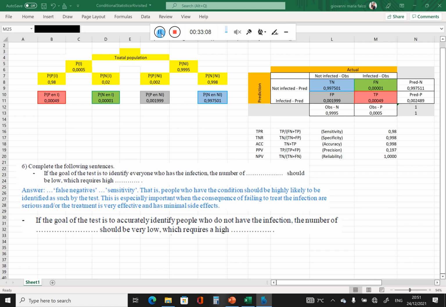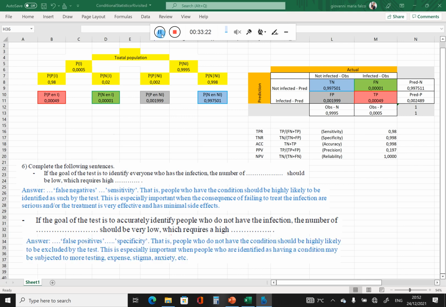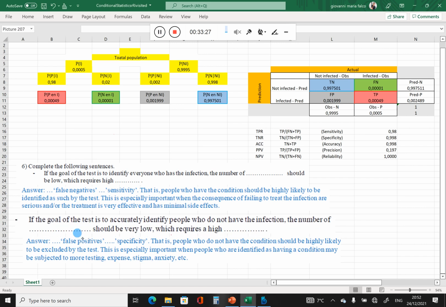Analogously, in the next question, if the goal of the test is to identify people who do not have the infection, then, remembering what we said about specificity, you should minimize the number of false positives in order to have a very high specificity, because in the formula, the specificity is very high when the number of false positives is small.